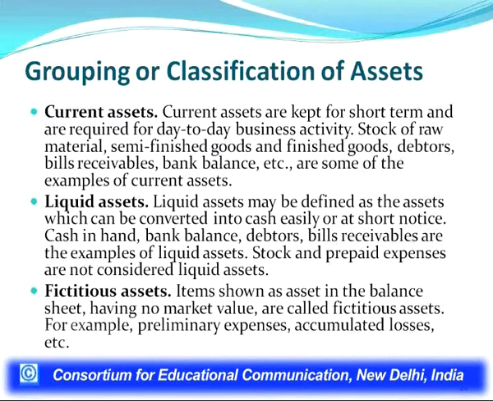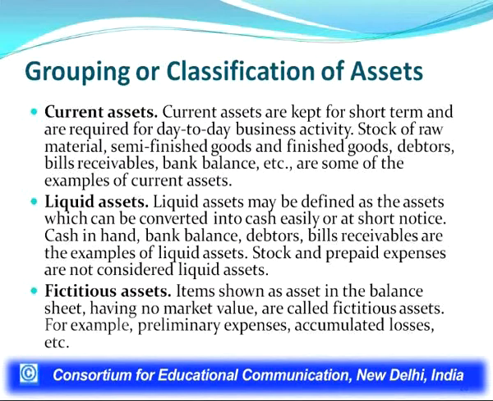Under the current assets, there is another category that is known as liquid assets. Liquid assets are those assets which can be easily converted into cash at a short notice. Cash in hand and bank balance, they are already in the cash form. Then debtors, BR, are also considered as examples of liquid assets.